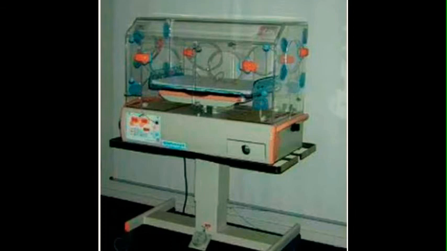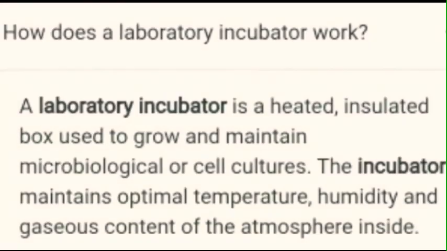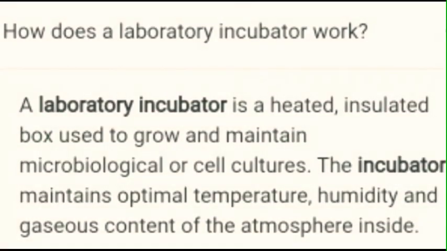So how does it work? A laboratory incubator is a heated insulated box used to grow and maintain microbiological or cell cultures. The incubator maintains optimal temperature, humidity, and gaseous content of the atmosphere inside.